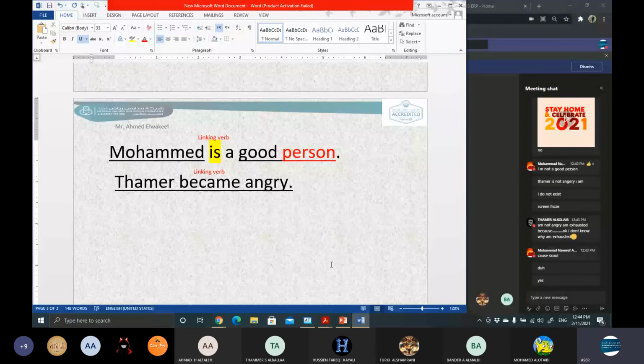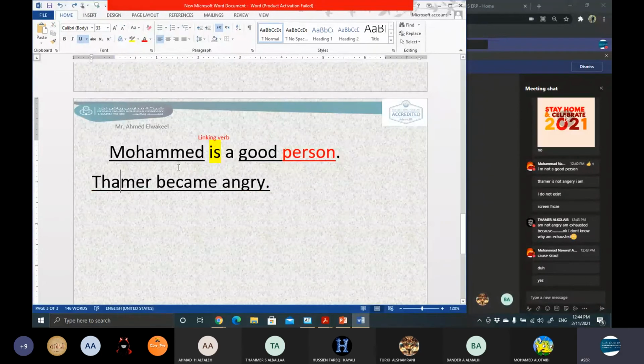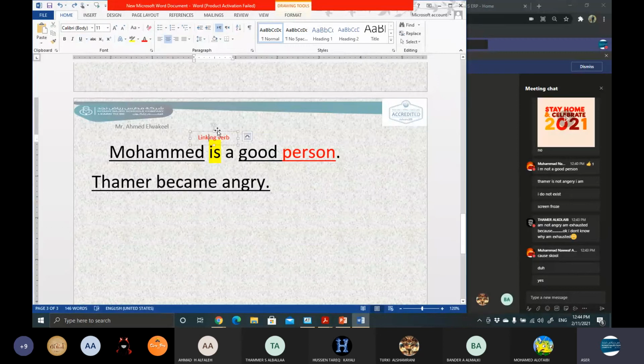All right, so again, for example, we say that Thamir became angry, so we can replace became by was, and the sentence will still make sense, right? It's correct. So if it's correct, then became here is called a linking verb.